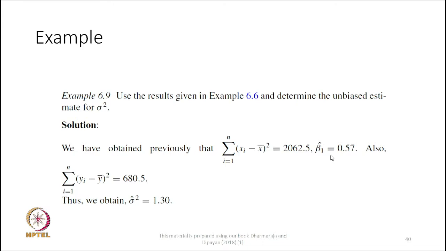Then you can get beta 1 cap, and similarly from the data you can get summation i equal to 1 to n, y i minus y bar whole square. Using that you can get the estimator for sigma square, that is going to be 1.30.